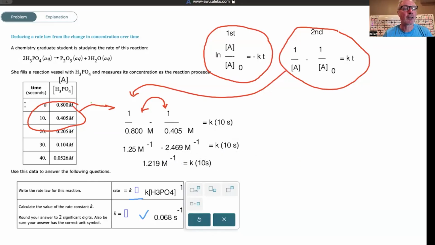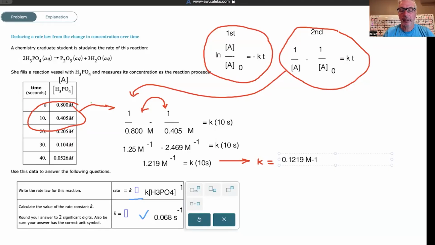Divide both sides by 10 seconds. And what do we get? K equals 0.1219.